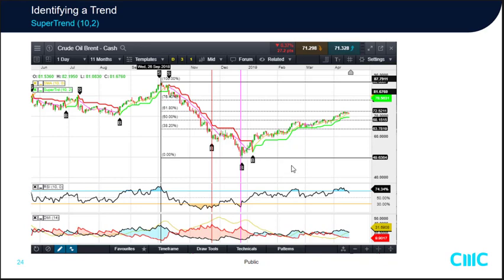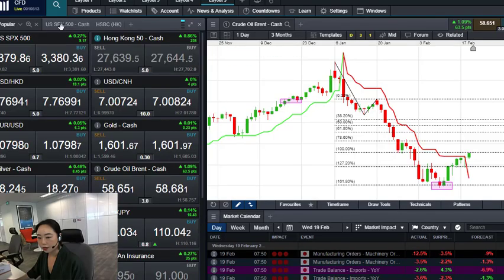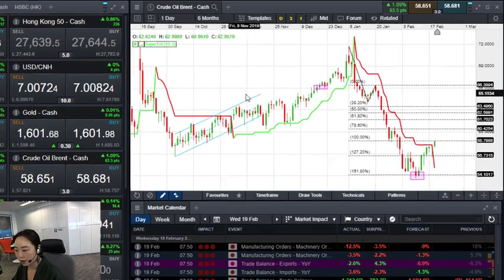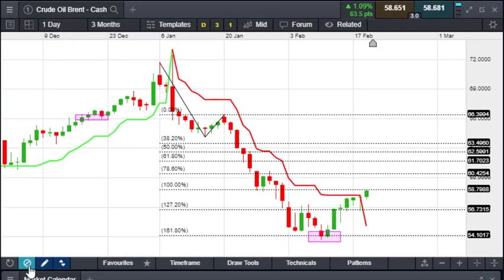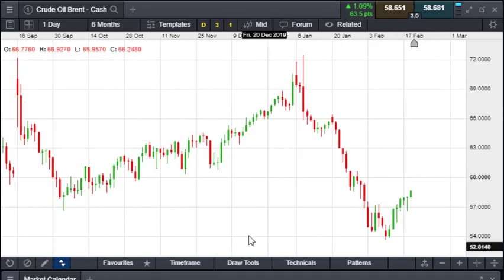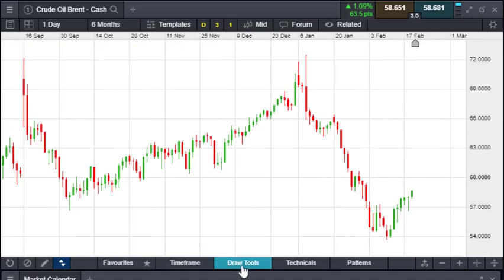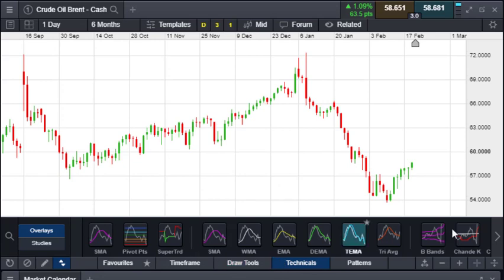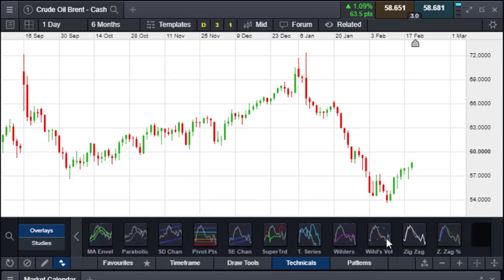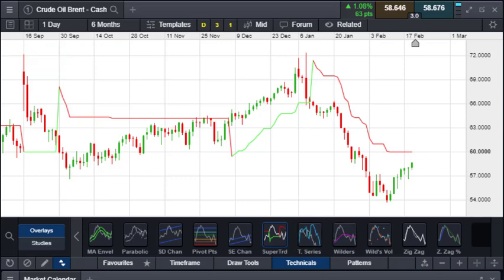Alright, now I'm going to use a real example to show how we can use SuperTrend. This is crude oil Brent. Let me remove all the signals here. You can find SuperTrend in the technicals. If you scroll all the way to the back, you will find SuperTrend somewhere here. We just need to click on it and SuperTrend will appear.